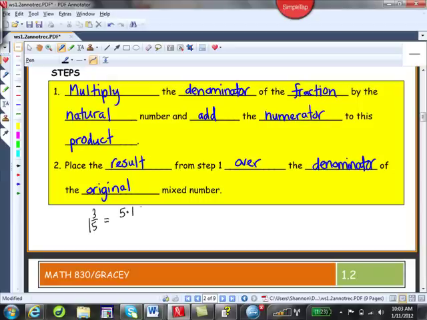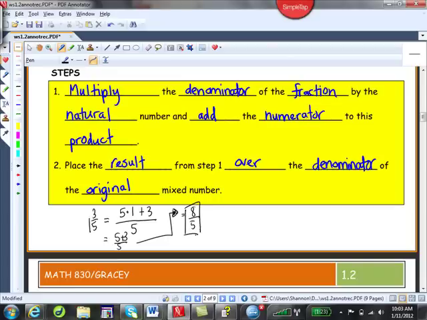We're going to add the numerator of the fraction, and we're going to place it all over the denominator 5. And this is going to yield a result of 5 plus 3 all over 5, which of course gives us 8/5. So that's using the shortcut method.